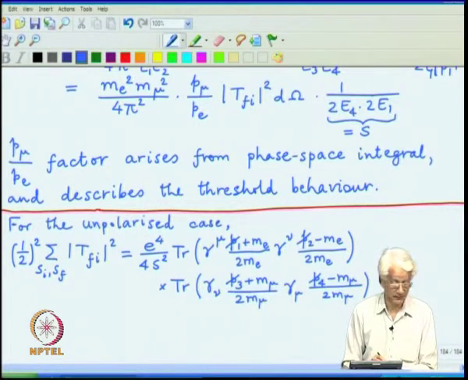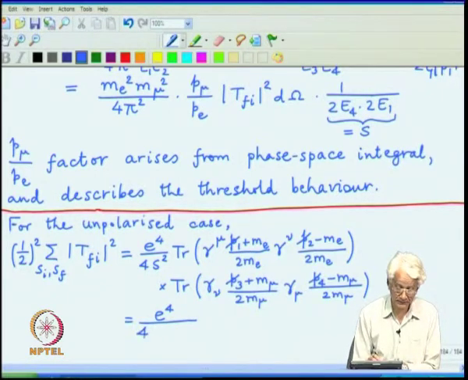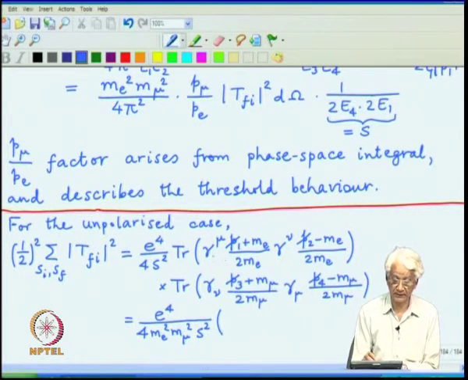We just have to evaluate these traces, which is not at all difficult. By now the procedure has become standard. So, take out various common factors, and the trace produces an overall factor of 4, and then the first trace gives all the dot products in alternating sequence.